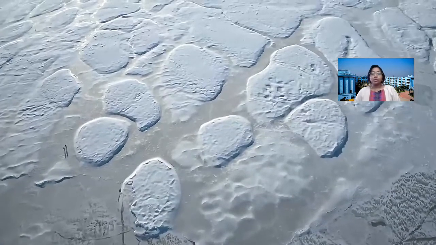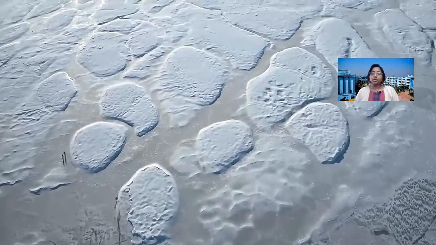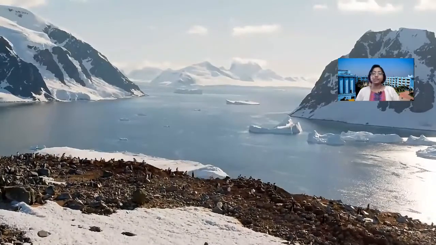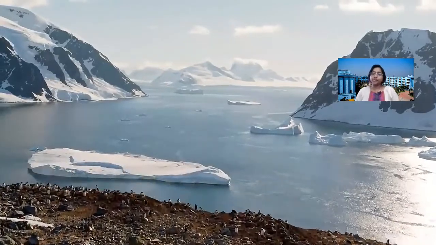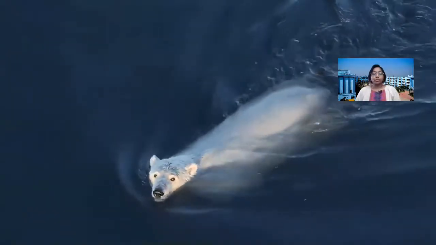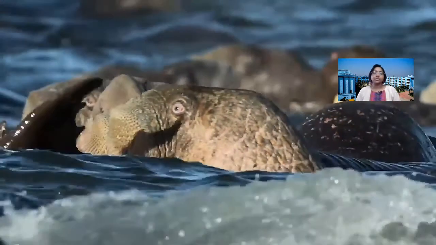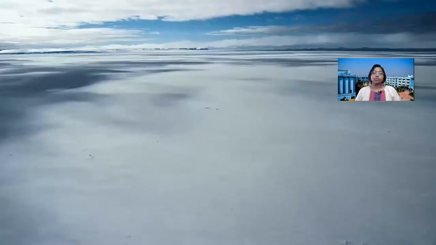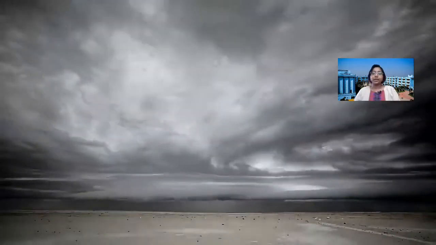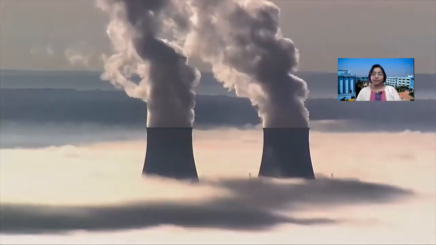So we have to find the root cause of global warming. If the cause is the greenhouse effect and the result is global warming, what are the causes of the greenhouse effect? If there is global warming, like climate change, then all the aquatic life and terrestrial life, the ecosystem, will be hampered.